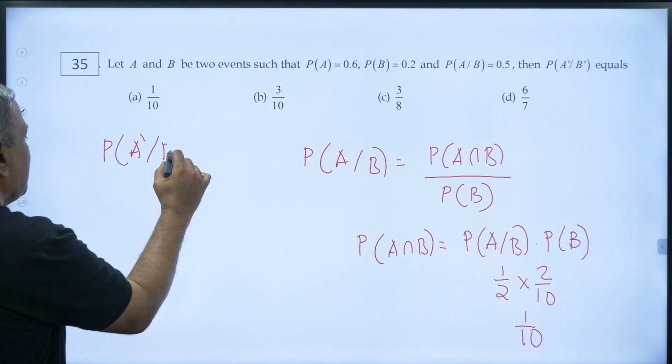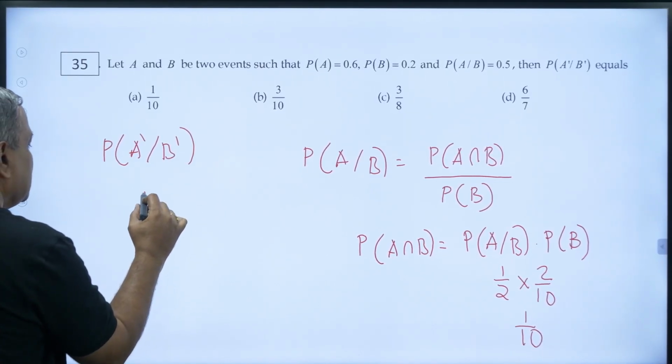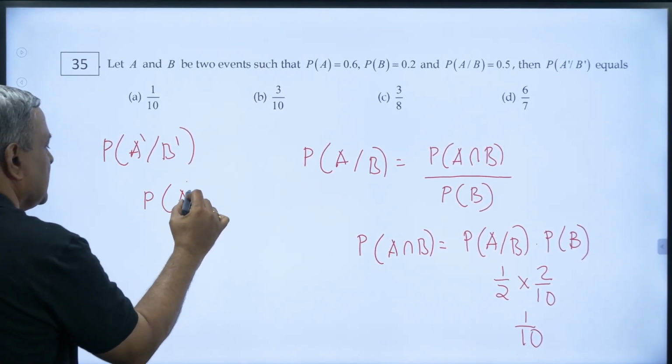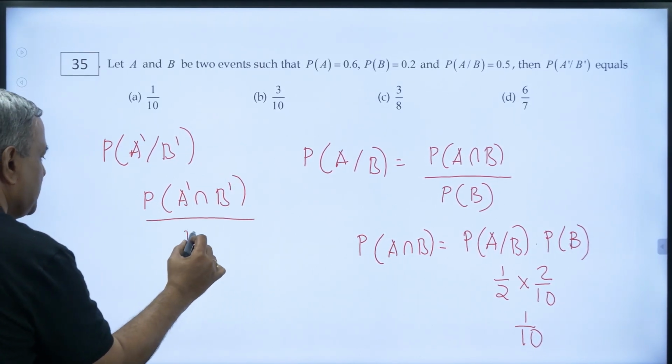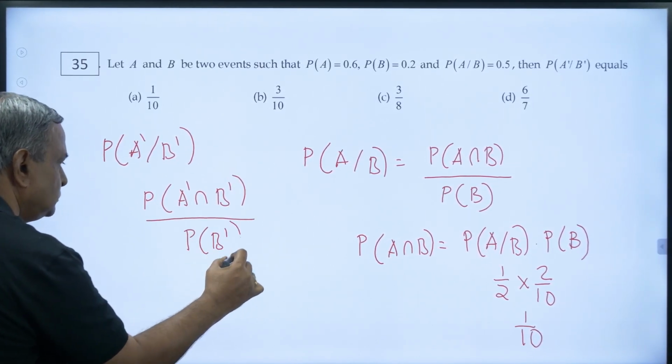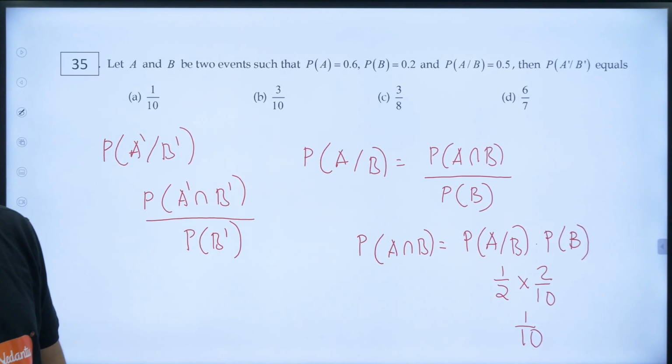P of A bar by B bar is nothing but P of A bar intersection B bar upon P of B bar. What is P of A bar intersection B bar?